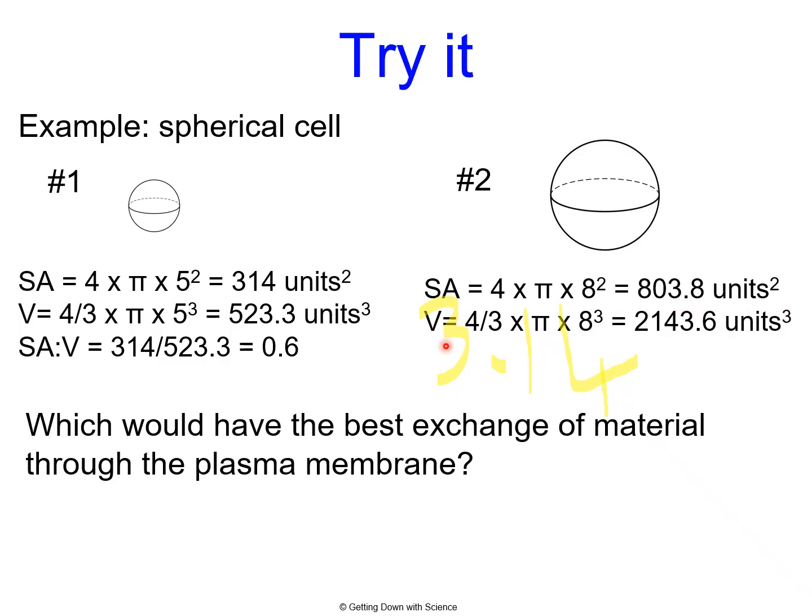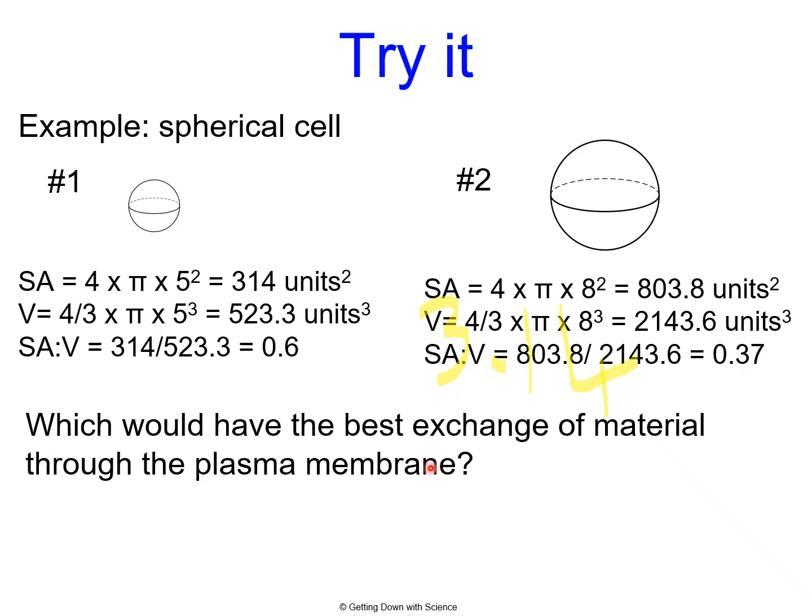And then the volume formula is going to be 4 divided by 3 times pi times the radius, but this time it should be cubed. So the radius should always be cubed for volume. And this is the value that we get, 2143.6. Now, if you divide these two, so surface area by volume, your answer is 0.37.